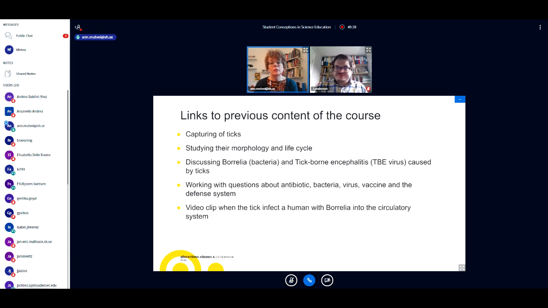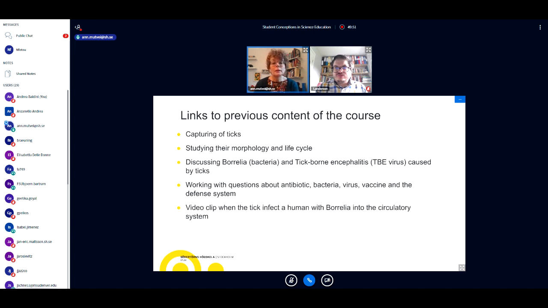And then we studied this illness caused by ticks, and how virus and bacteria could be treated, how you could use antibiotics against bacteria, for instance, or vaccine, and the defense system was connected to this.